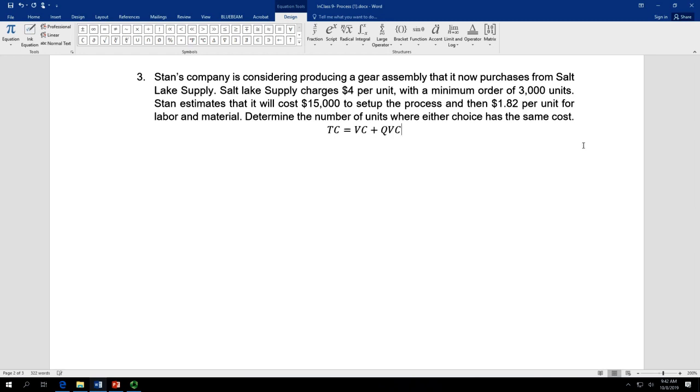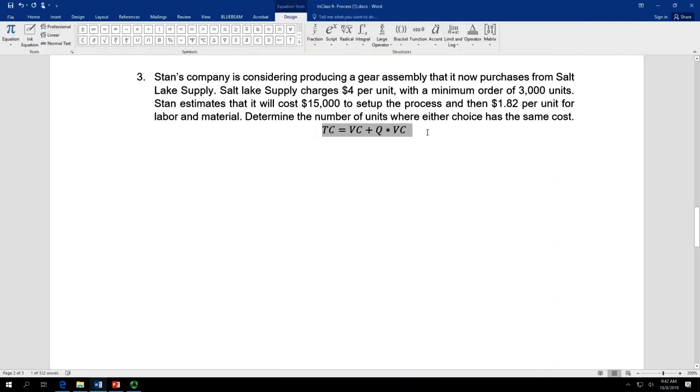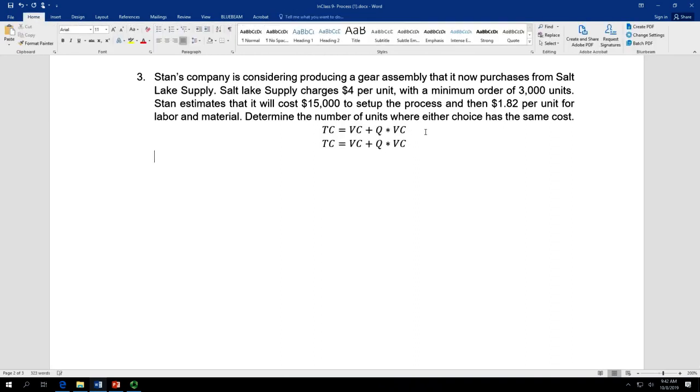In this case, the fixed cost is 15,000. This includes setting up the process, changing the machine and preparing the machines to get ready.